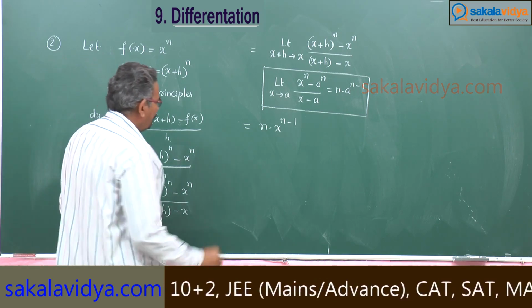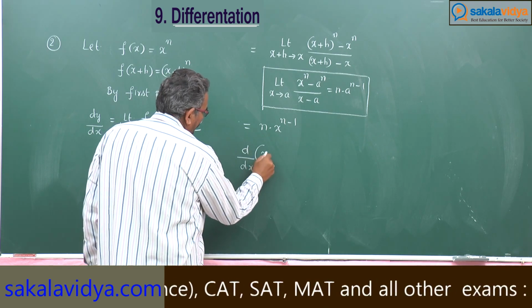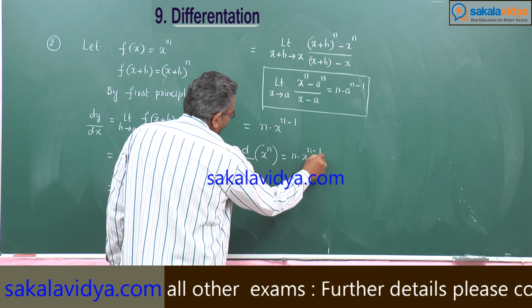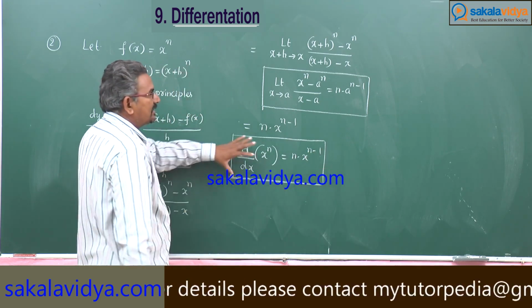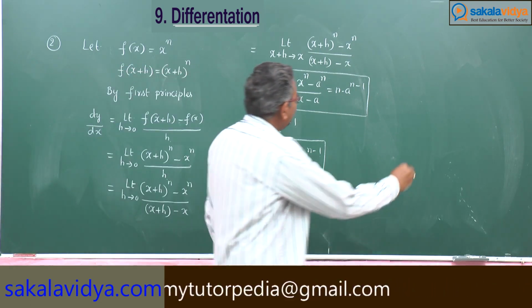Therefore, d by dx of x to the power of n is equal to n into x to the power of n minus 1. Okay, using this result, let us deduce some problems.